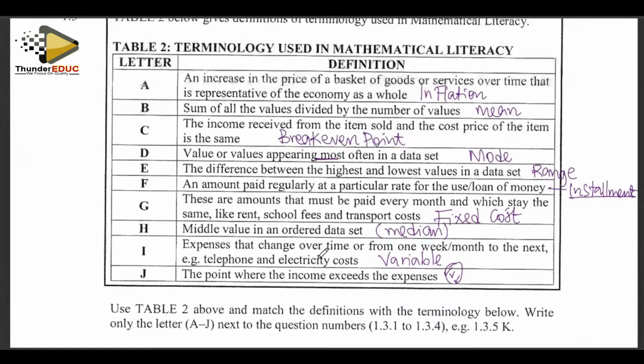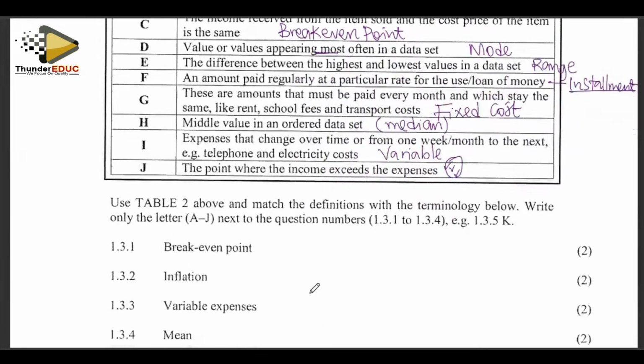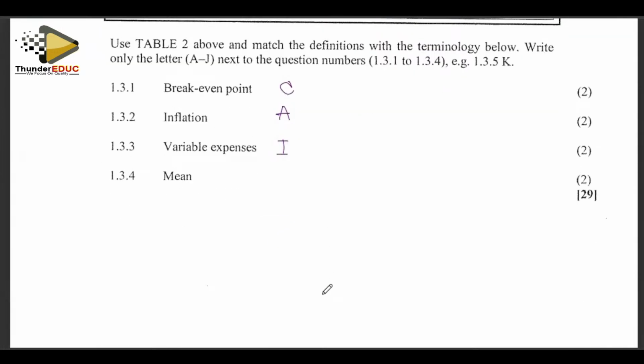Okay, break-even point, we've seen it. These are the same, cost price equals income received. So break-even point, we are going to say it's C. Inflation, it's already said it's A. Variable cost, we already saw it as I. And mean is B.